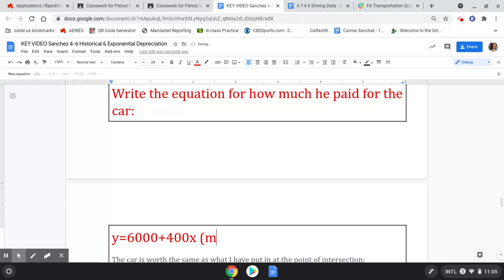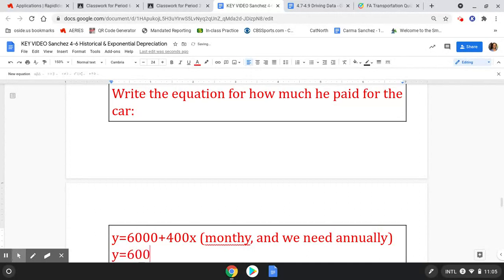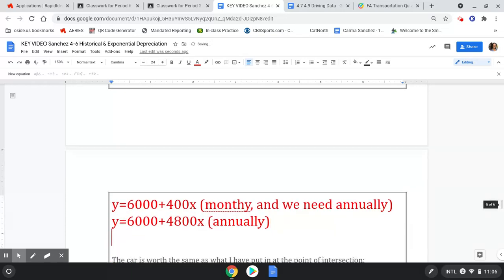But that's the monthly, and we need annual. So we would say 6,000 down. And what would 400 a month times 12 months be? Exactly, 4,800 per year. So this is the annual figure we want to be able to compare.